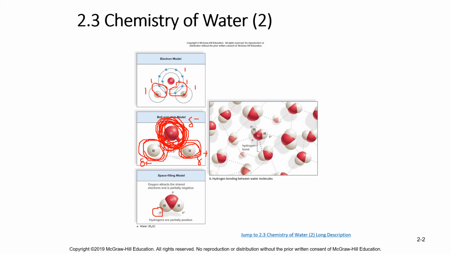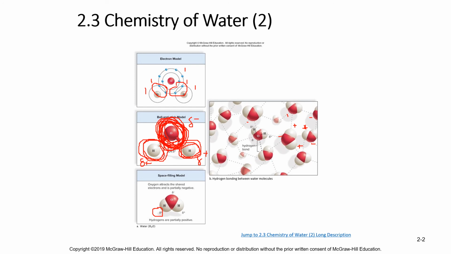So there's a charge difference. So every place where you see red here, that's a partial negative. And everywhere you see white, that's partially positive, because the whites are the hydrogens and the reds are the oxygens.